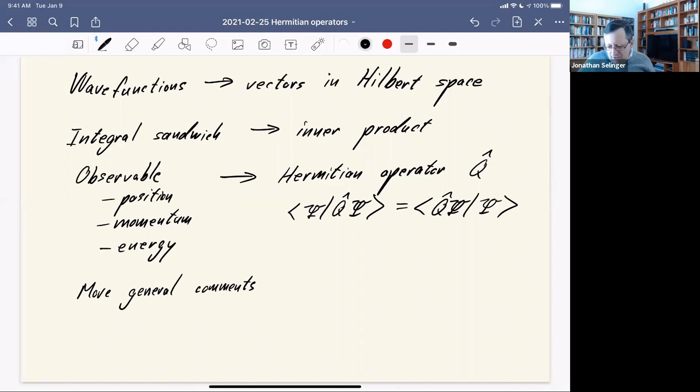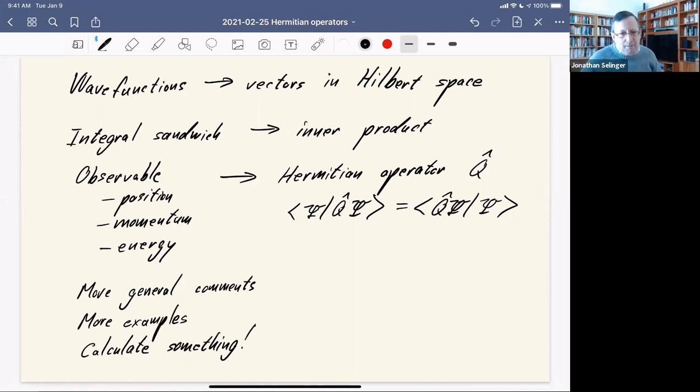So now I'll do a few more general comments and then a few more examples. And then towards the end of today, I'm actually going to calculate something. And so we'll finally find a use for all these definitions that I'm setting up here. Okay, so that's for today. All right.